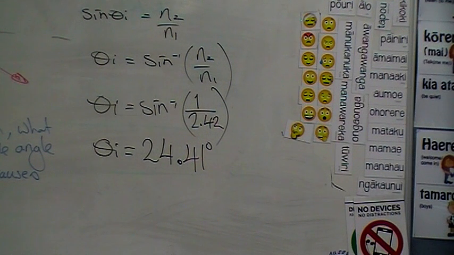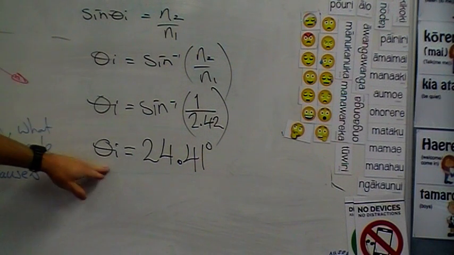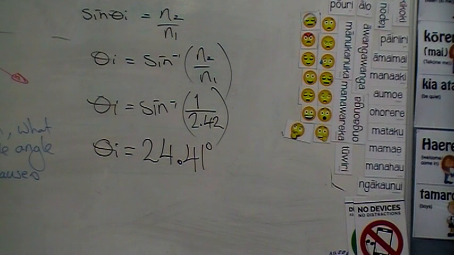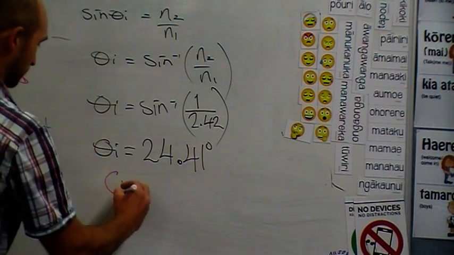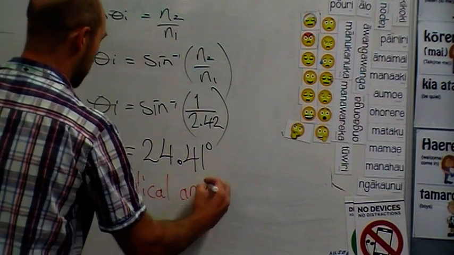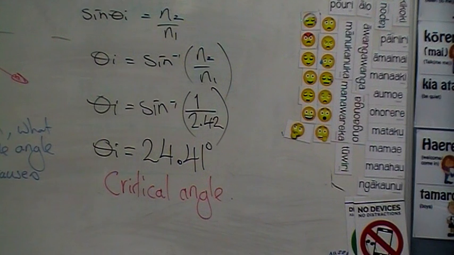That's the maximum possible angle that we can fire light from diamond through to air. If we have our angle of incidence any bigger than that, it doesn't go through. So we call that maximum possible angle the critical angle. It's not even very big. That's pretty small. It's not very big because diamonds sparkle.